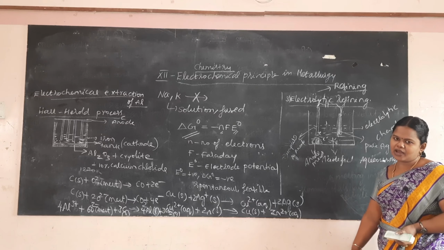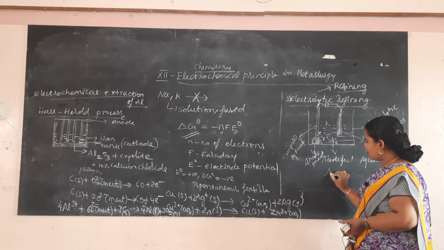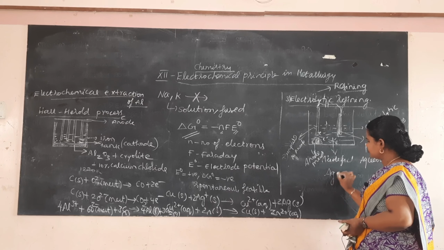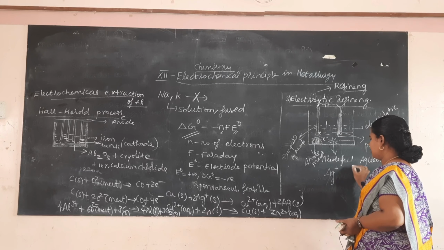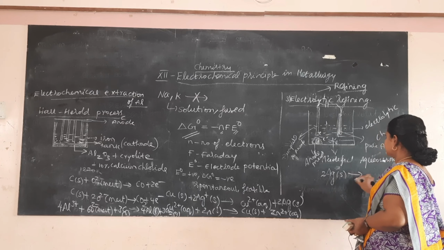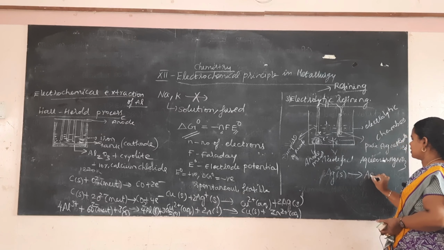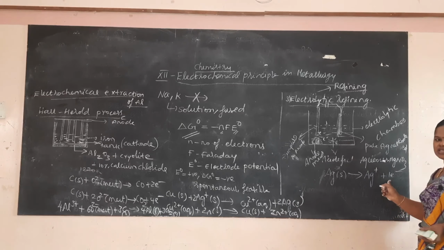Now we will write the anodic reaction. I told you anodic oxidation. So at the anode, Ag solid gives Ag+ plus 1 electron. Here there is loss of electron.